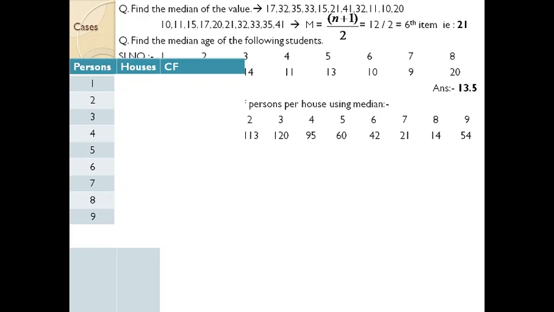Here 1 to 9 on the scale is given, so we have written the first column. Next one, number of houses, is also noted, just like the details given in the question.